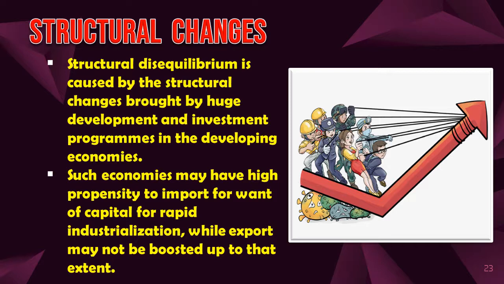Such economies may have a high propensity to import for want of capital for rapid industrialization, while exports may not be boosted up to that extent. What they are trying to say is, the export will be very less, whereas the import will be more, and that import is for the want of capital for rapid industrialization. So this is another cause for BOP disequilibrium.